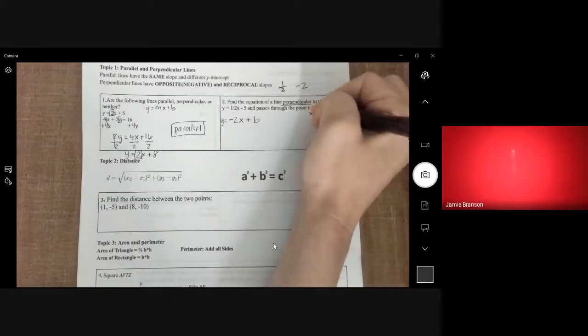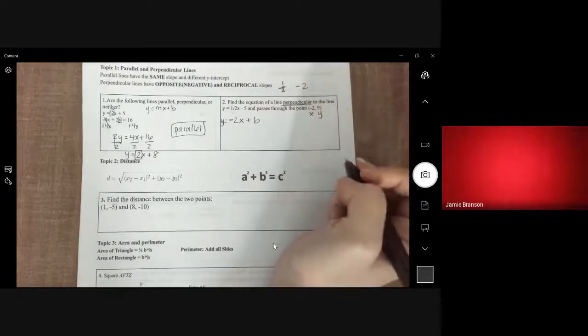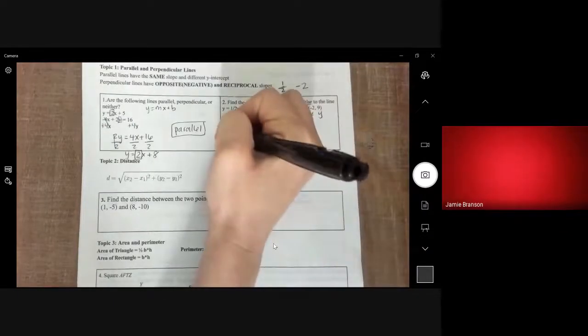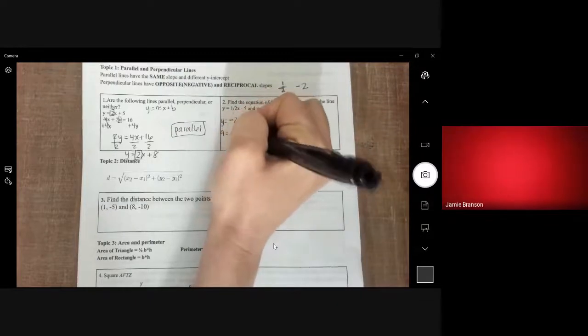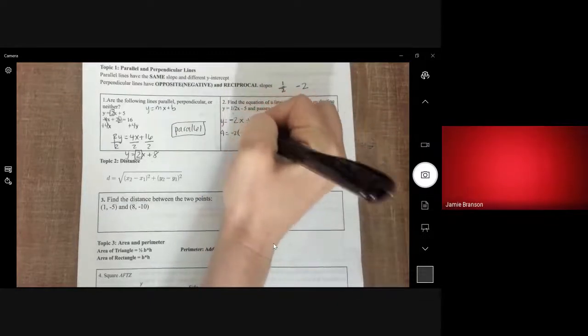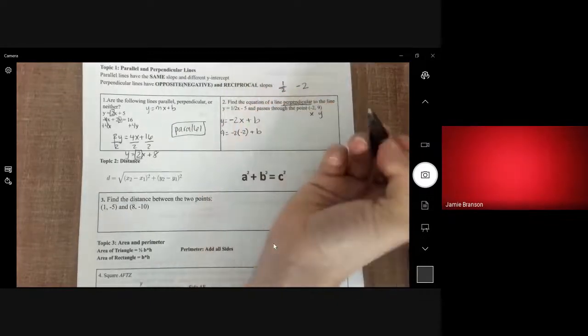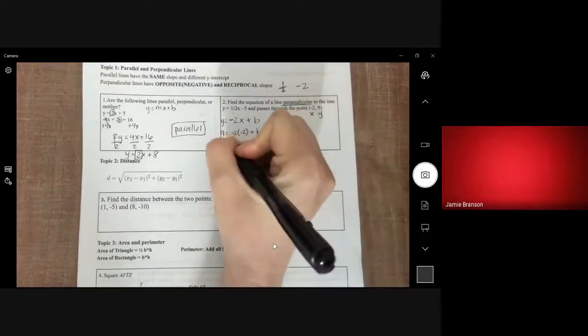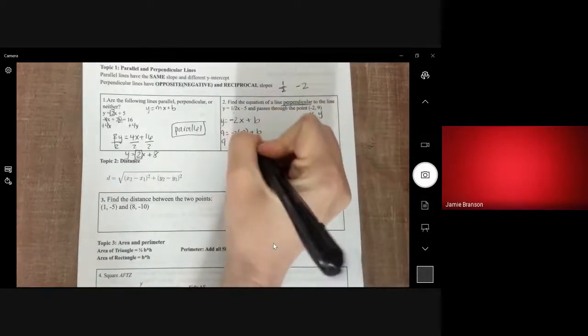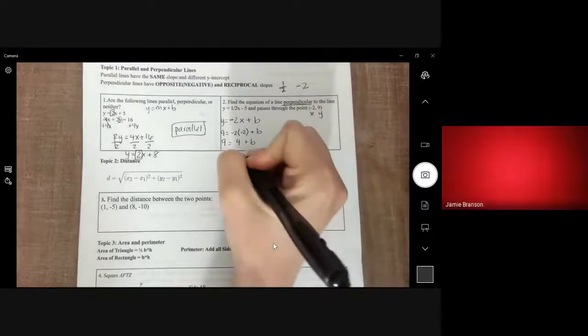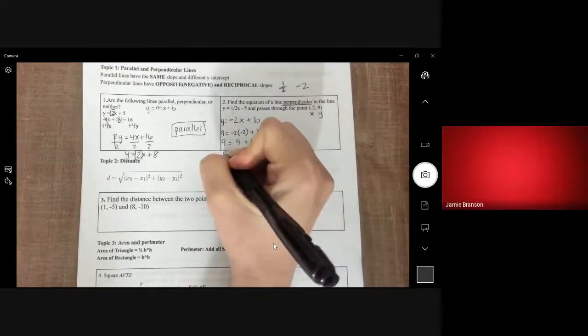So -2 is my x, 9 is my y. We can substitute those in. So 9 equals -2 times -2 plus b. This gives me +4. And then if we subtract 4, that will give us b equals +5.